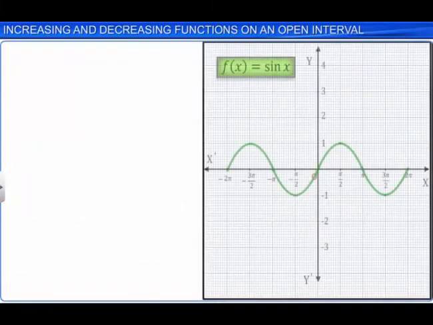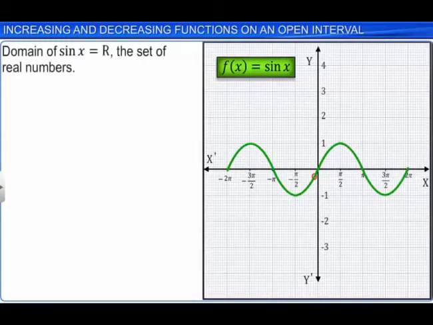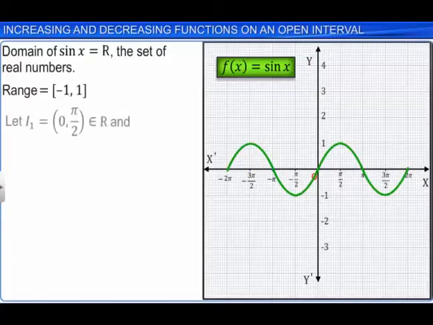Now, let's get back to the graph of the sine function and see whether it is a decreasing function or an increasing function. We know that the domain of sine x is the set of real numbers and its range is the closed interval minus 1 to 1. Let I1 and I2 be two open intervals defined on the set of real numbers as shown.